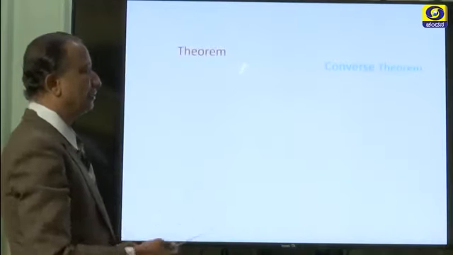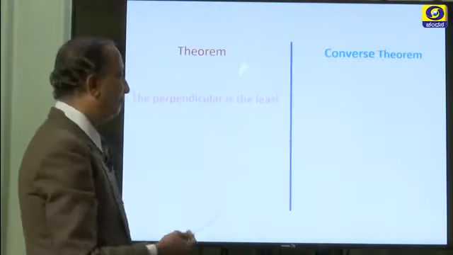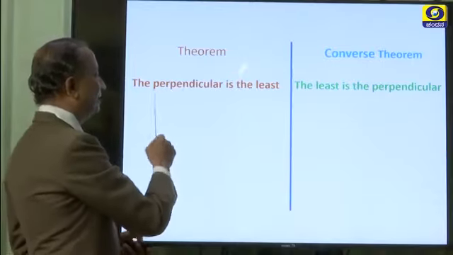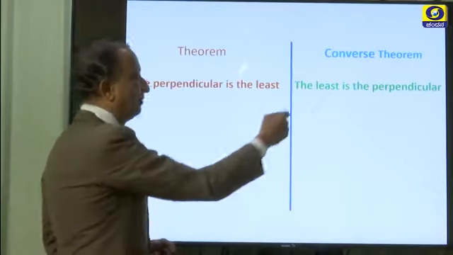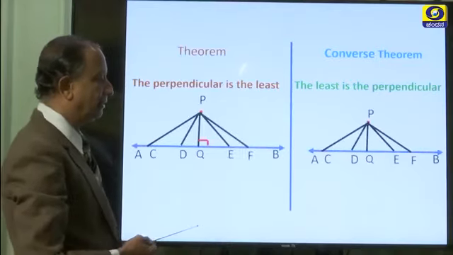So, having understood the theorem and the converse under prerequisites, I wanted to briefly tell you the theorem and its converse. The theorem states the perpendicular is the least, whereas the converse, the least is the perpendicular. So, look at these two diagrams.